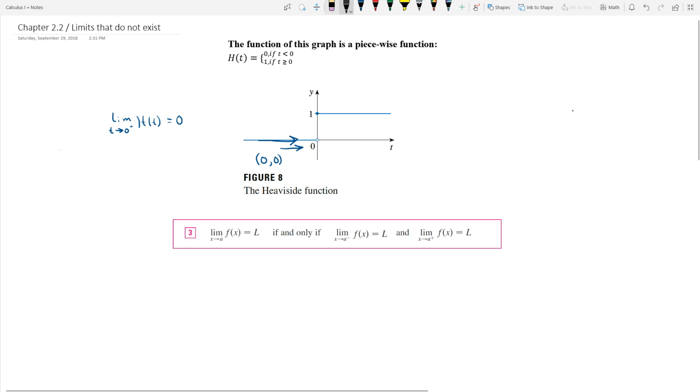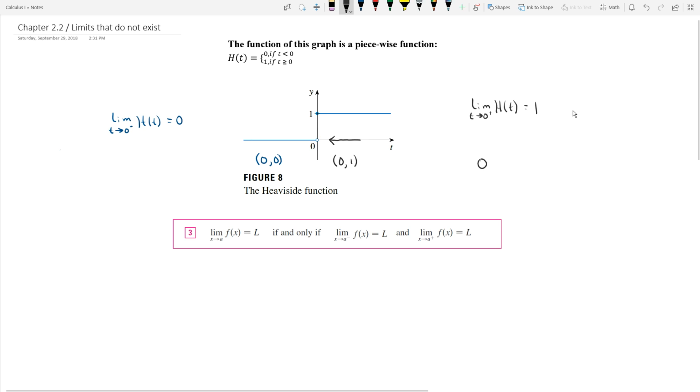From the right side, however, as we are approaching 0 from the right, our output value is 1. So we would say that our limit for the function h of t as t approaches 0 from the right is 1.